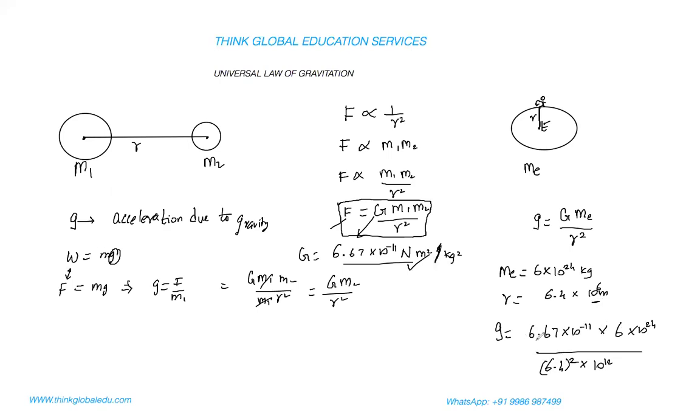So we multiply the numerator values and divide by 6.4 squared, and subtract the powers: 10 to the power 13 divided by 10 to the power 12 gives 10 to the power 1, that is 10.